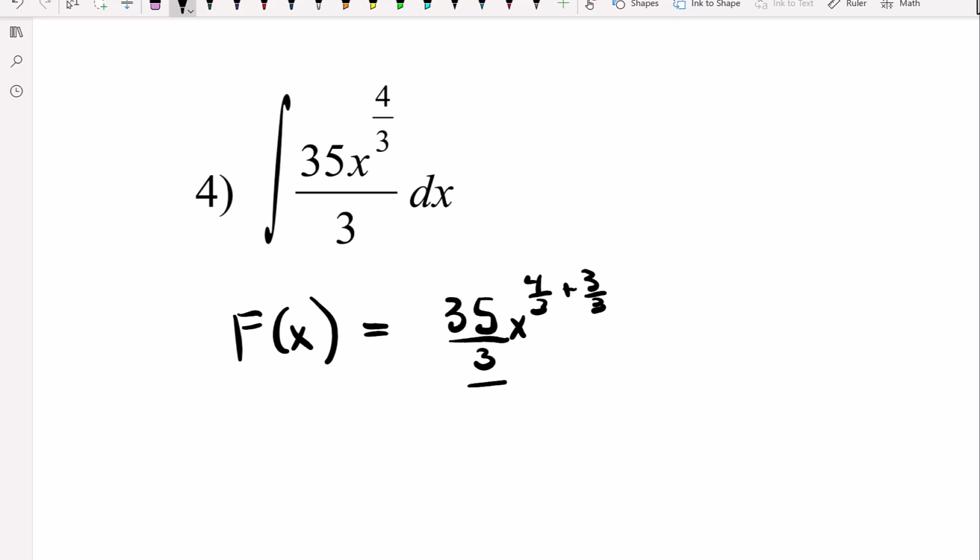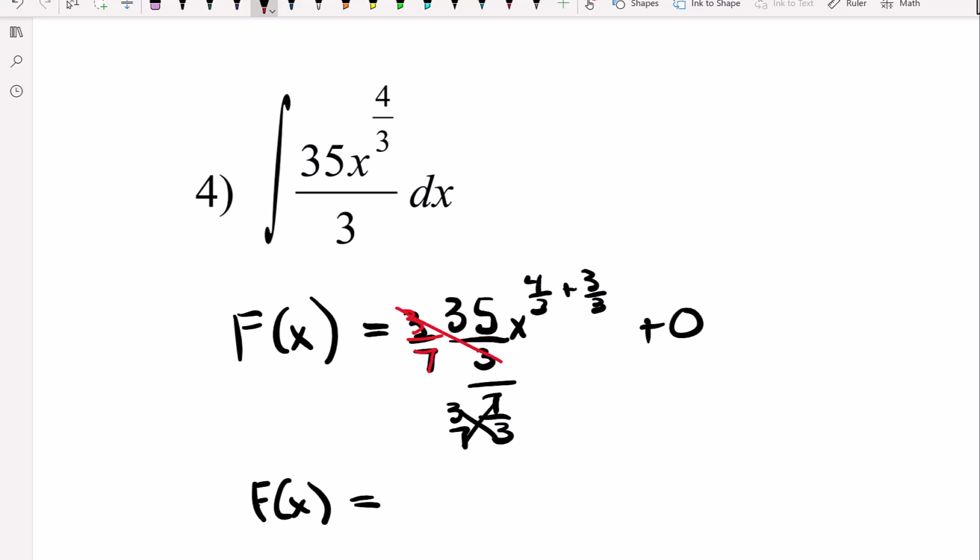So rather than doing this, well, we could go ahead and do that, but then you're going to multiply by the reciprocal, and then we'll put plus 0. Now, we are multiplying top and bottom by this reciprocal. Those cancel. 35 divided by 7 is 5. So you have 5x, and then 4/3 plus 3/3 is 7/3.